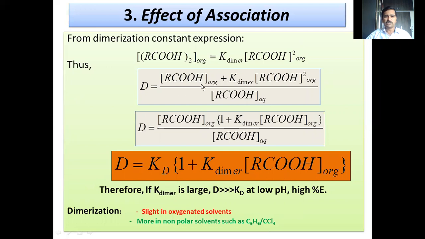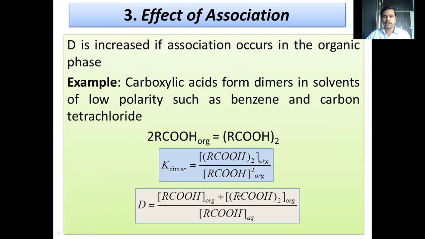Therefore, D is equal to the concentration of the carboxylic acid in the organic phase, which remains the same, plus K dimer times the concentration of carboxylic acid to the power 2 in the organic phase. So I have substituted this in this particular equation. In the expression of D, the dimerization constant expression has been simplified and the value of the dimer concentration has been substituted in this equation.